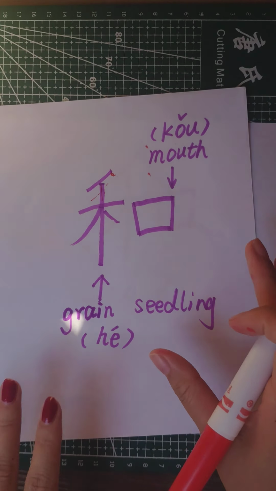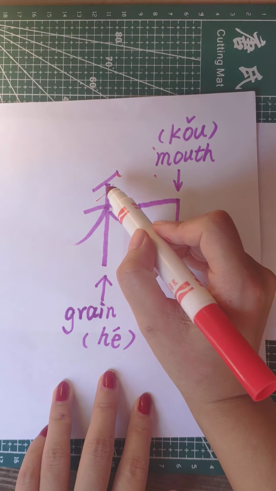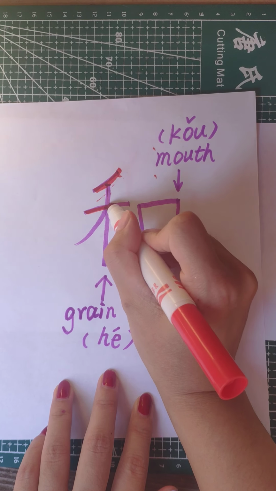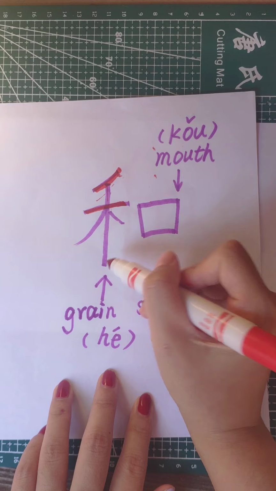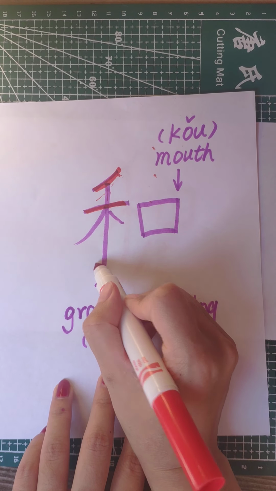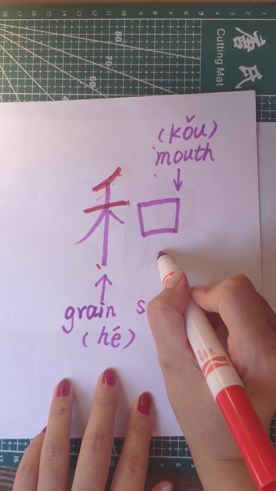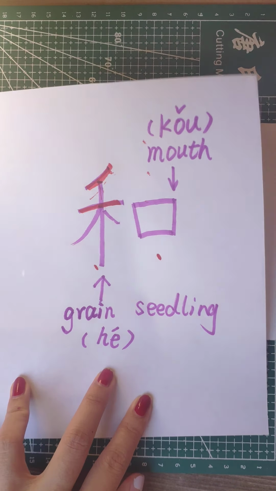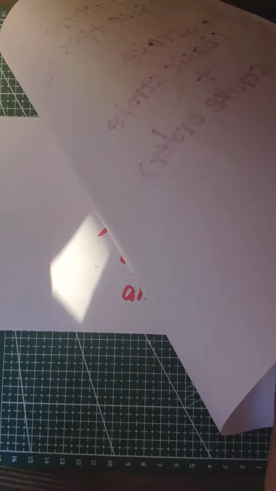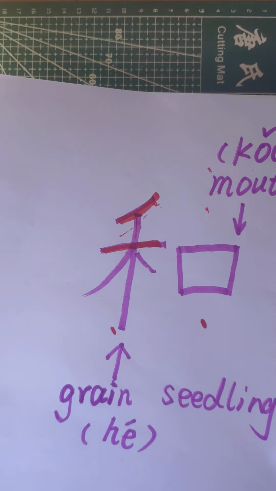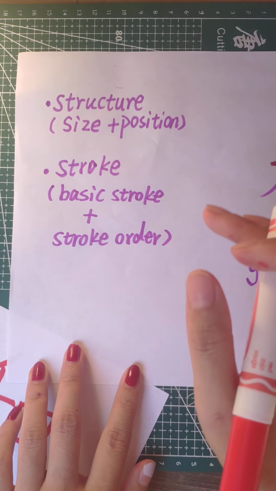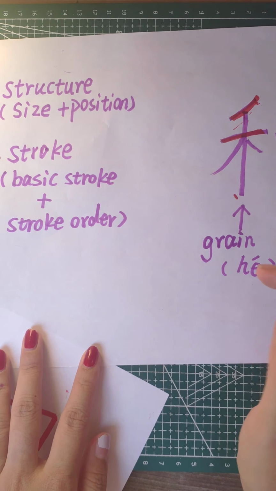Now, let's look at this Chinese character 和. We write from top to bottom, right? Top to bottom. And then from left to right, we write this radical first and then this radical next. So, in summary, after you write a Chinese character, you need to observe the structure, including the size and the position.